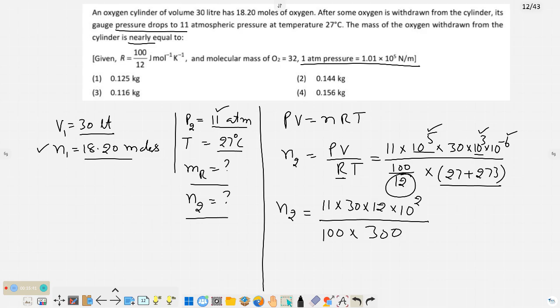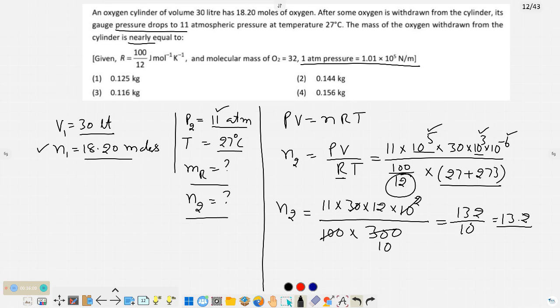Here the 100 and 10 square get cancelled, 30 times 10 cancels 300, so that is 11 into 12 becomes 132 by 10, that is 13.2. So 13.2 moles of gas remain.